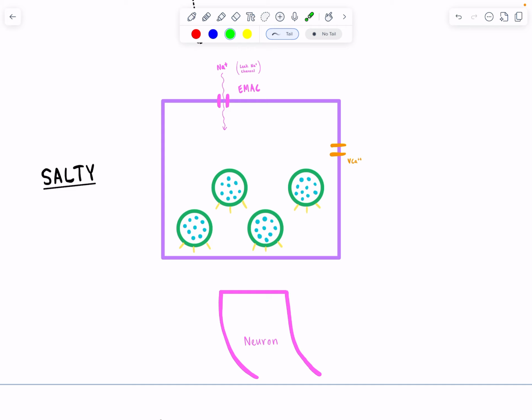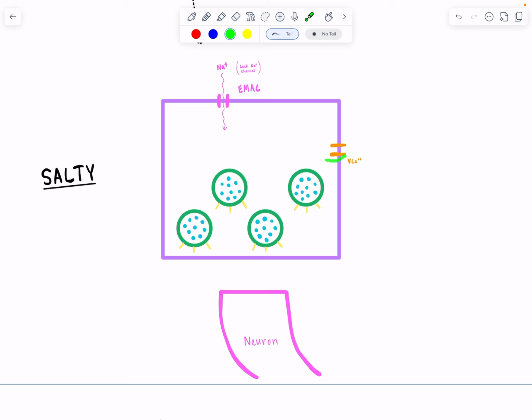So what activates the salty sensation is sodium, which makes sense because salt involves sodium. Sodium comes in through just a leak channel, and it depolarizes the cell.